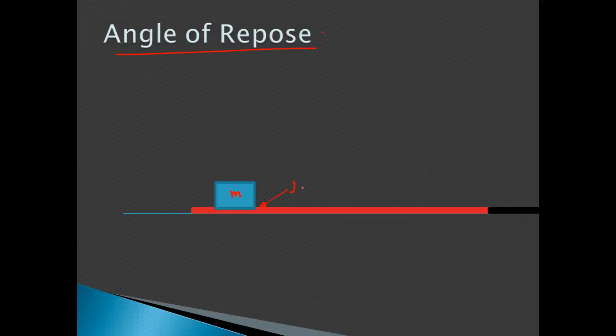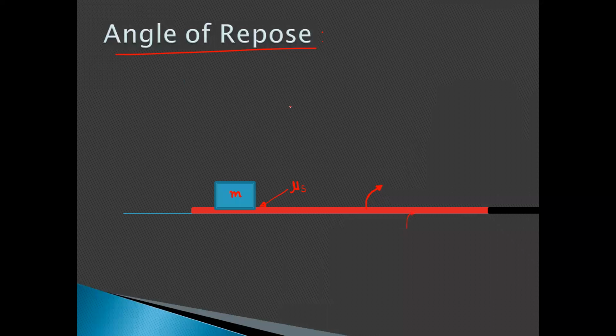Let us assume this friction to be mu s, the coefficient of static friction. Just imagine we start increasing the angle of this plane. There will be one condition when this block kept on this plane will start sliding down. That angle of the plane is called the angle of repose.